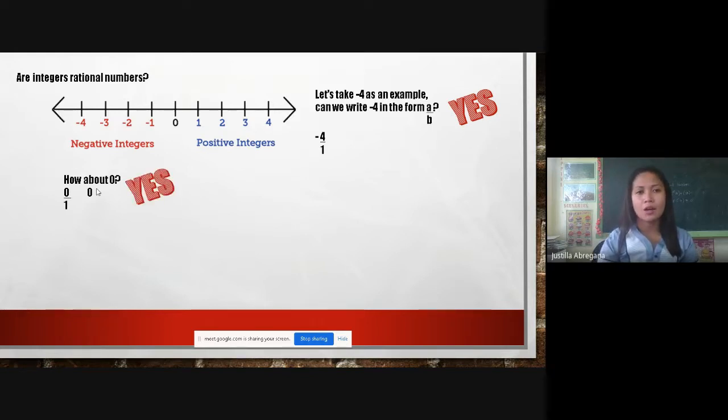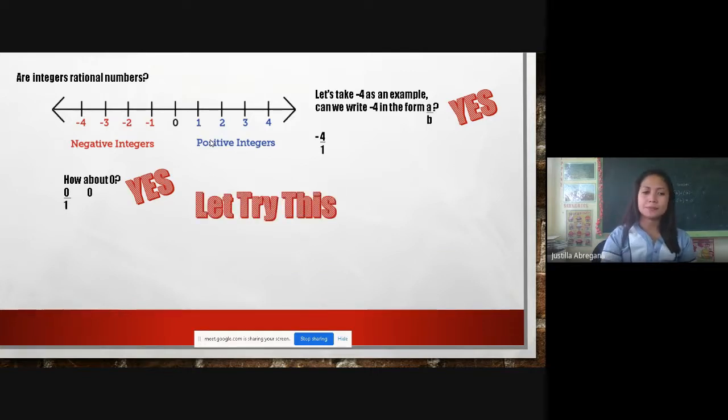Yes, it's a rational number. So all the integers on this number line are classified as rational numbers because they can be written in fractional form where your denominator, or your b, is not equal to 0.